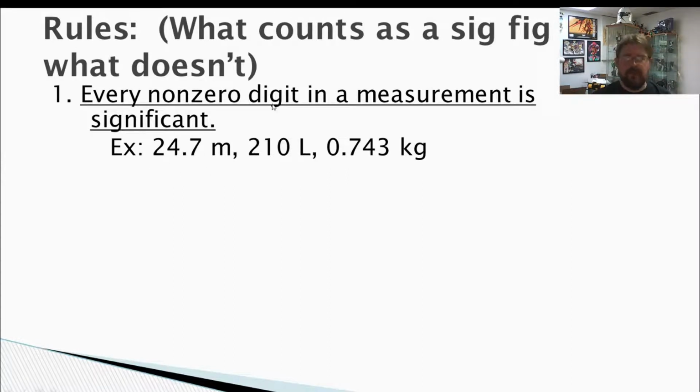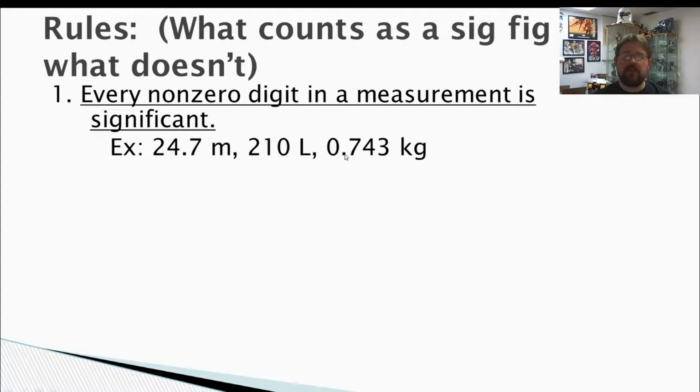Every non-zero digit in a measurement is significant. 2, 4, and 7 aren't zeros, so all 3 are significant. Second measurement, 210. The 2 and the 1 aren't zeros. These 2 digits are significant. So this measurement, based on rule 1, has 2 significant figures.